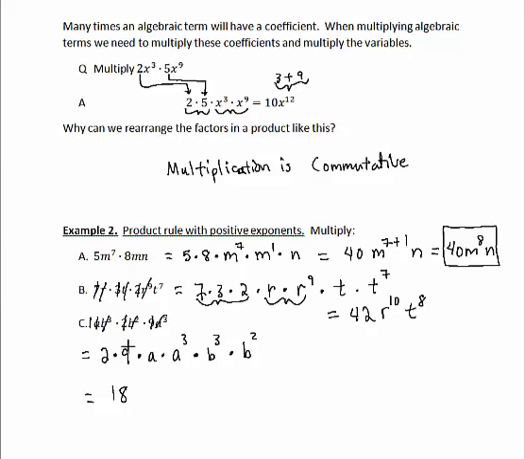We have 18. A times the A to the 3rd would be a 1 plus 3. And B to the 3rd times B to the 2nd would be a single B to the 3 plus 2. So we get 18 times A to the 4th, B to the 5th.